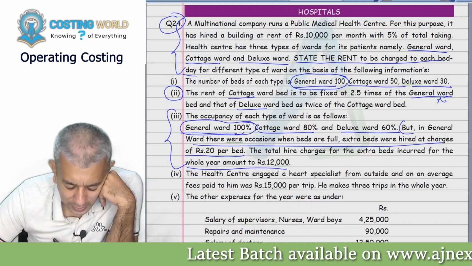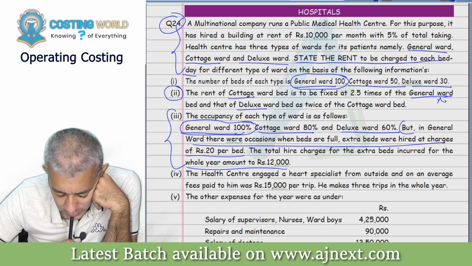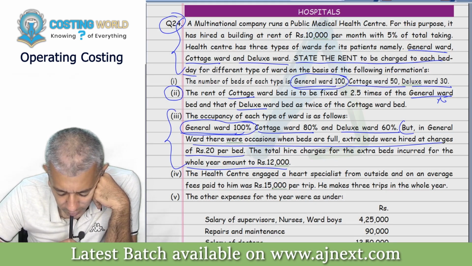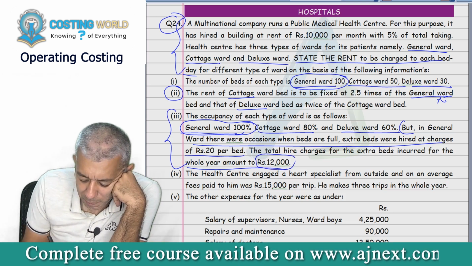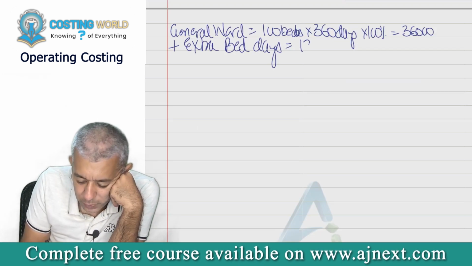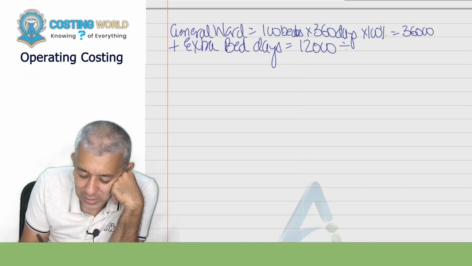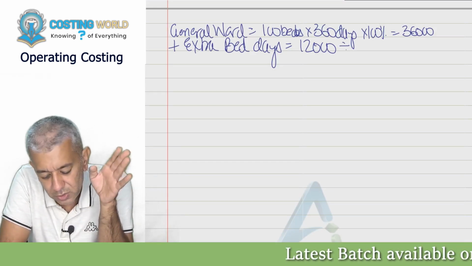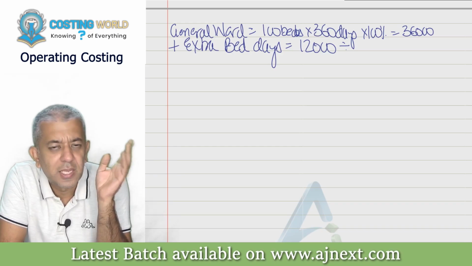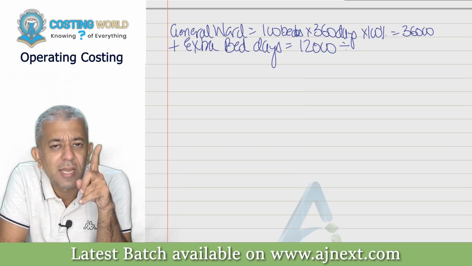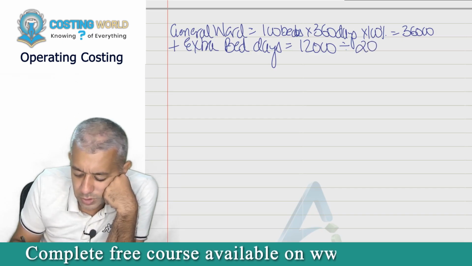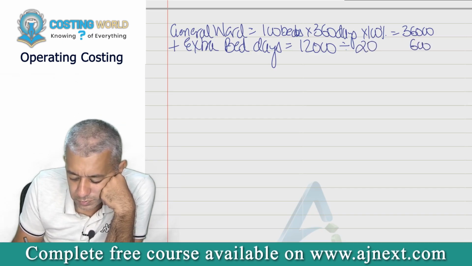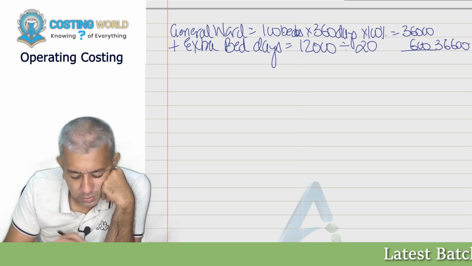Now, extra bed days in this particular case will be: I paid 12,000 rupees as extra hiring charges for those extra bed days. And can we say we hire the beds at the rate of 20 per bed per day, no? So therefore, this is 600, 36,600.